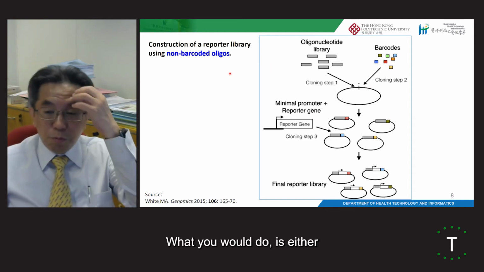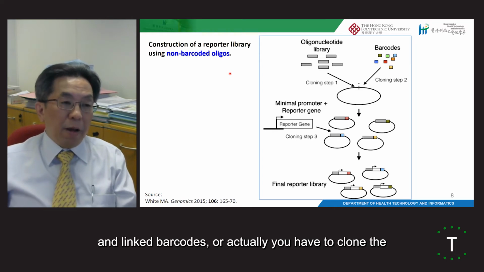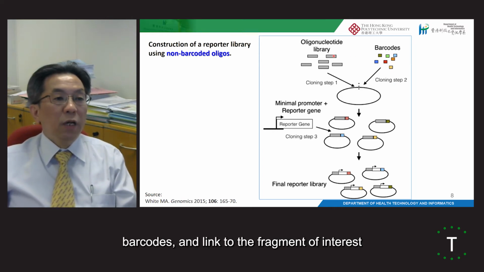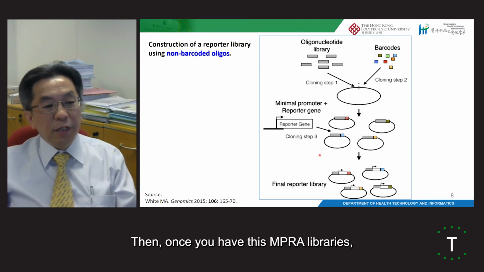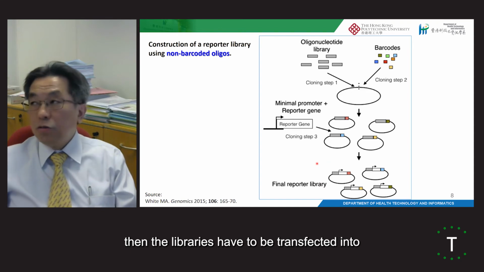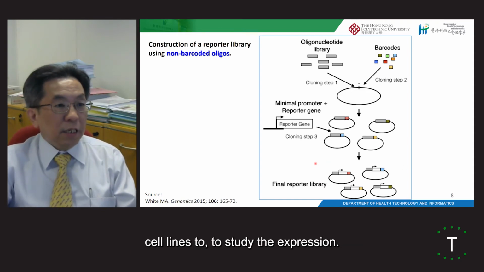Either you have oligo pools containing the fragment of interest and the linked barcodes, or you have to clone the barcodes and link them to the fragment of interest in separate steps. Once you have the MPRA library, it has to be transfected into mammalian cell lines to study the expression.